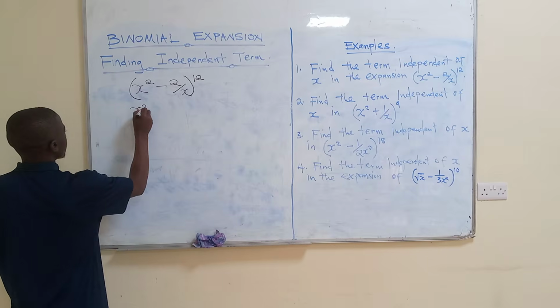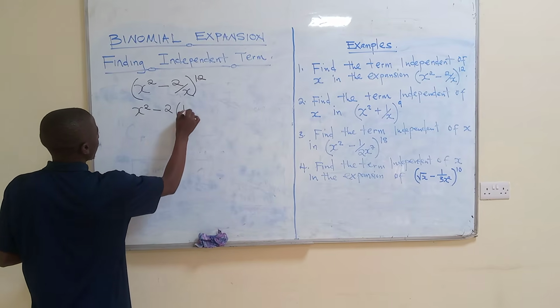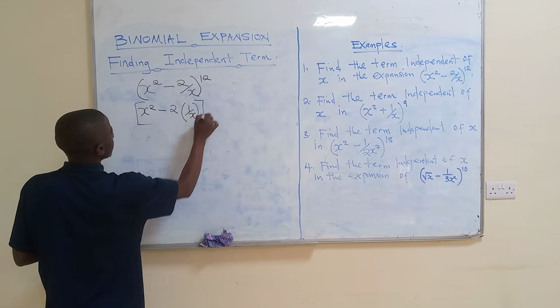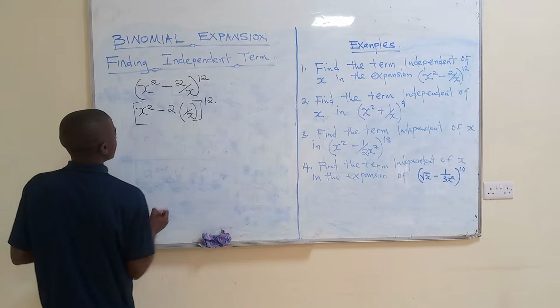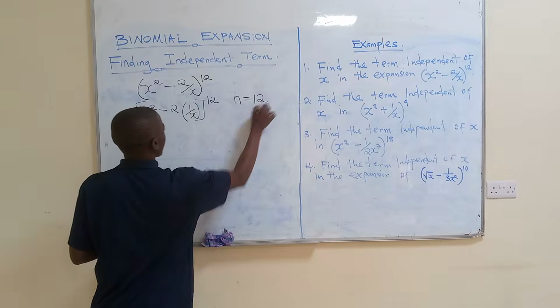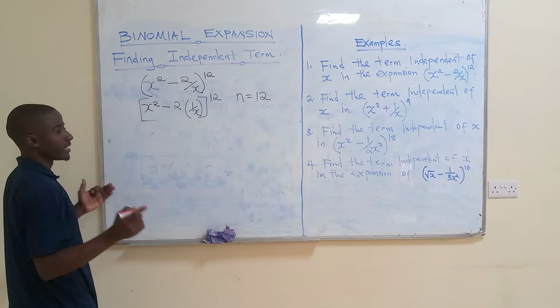So that is (x squared minus 2 times 1 over x) to the power 12, where n is equal to 12. Now from there, I have to calculate the value of r.